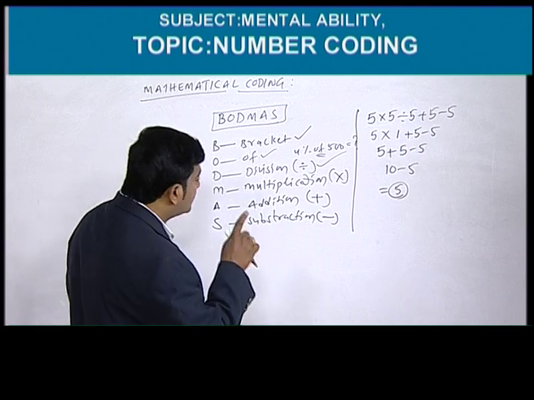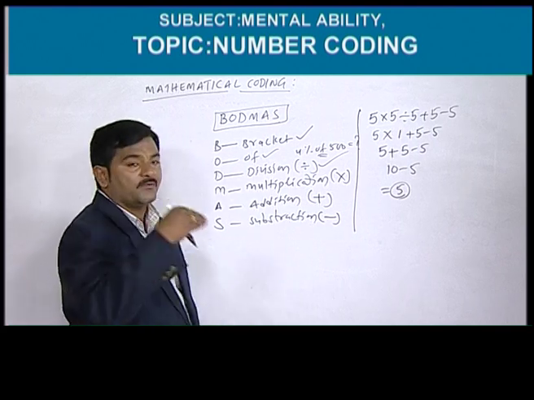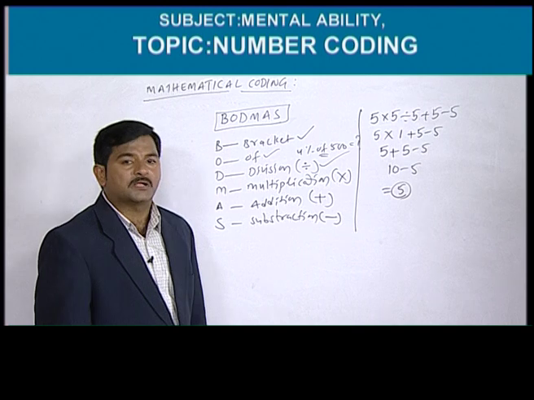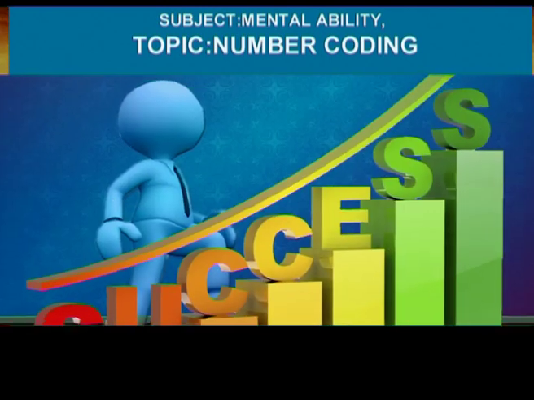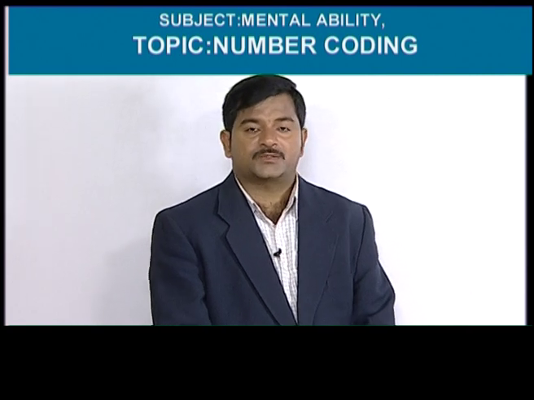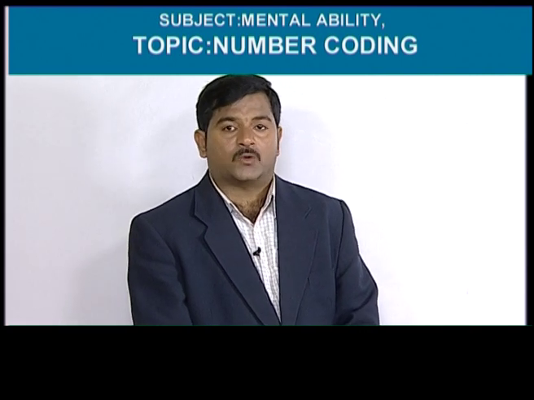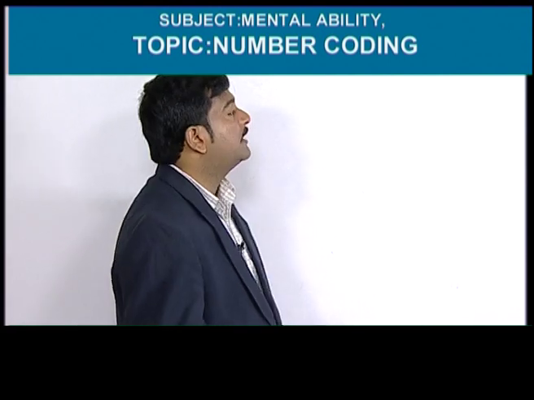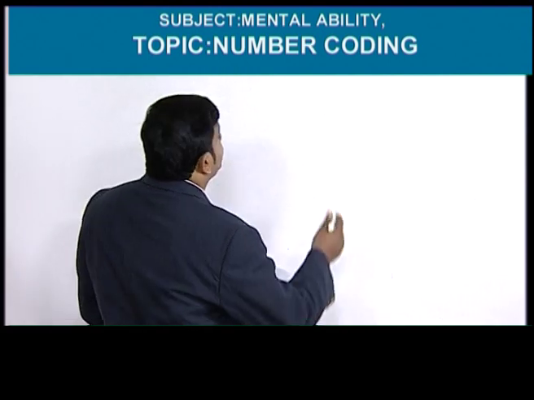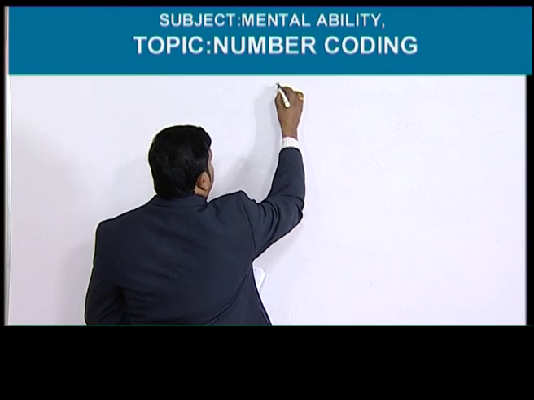Okay, now based on this concept, we are going to solve mathematical coding problems in our coding decoding chapter. Now we will see the problems based on BODMAS rule related to mathematical coding. The first question is as follows.